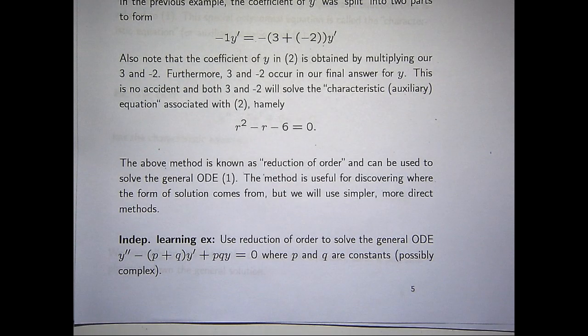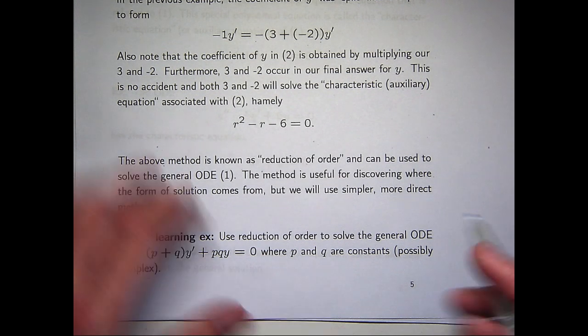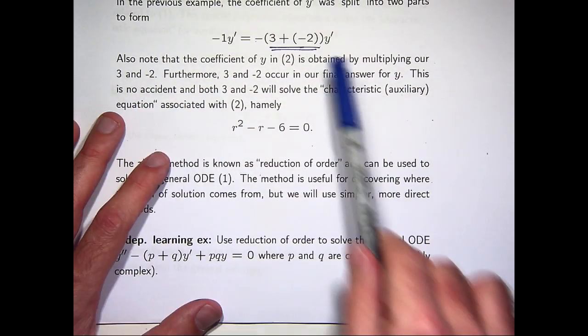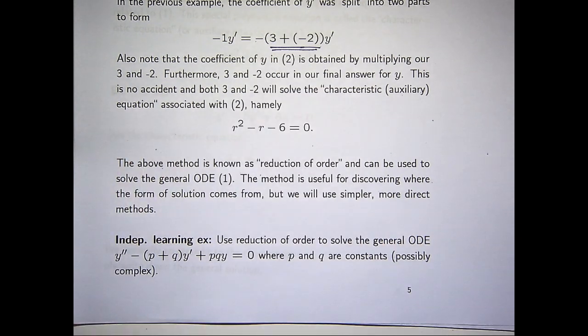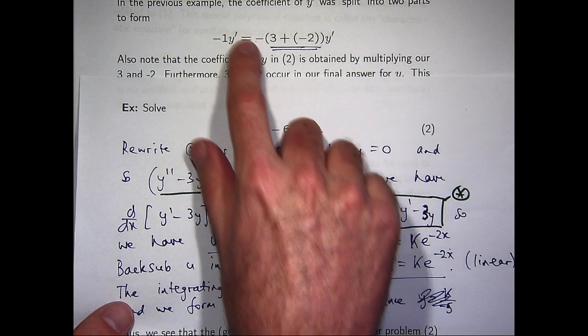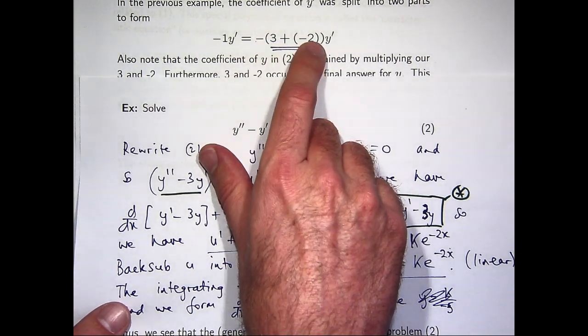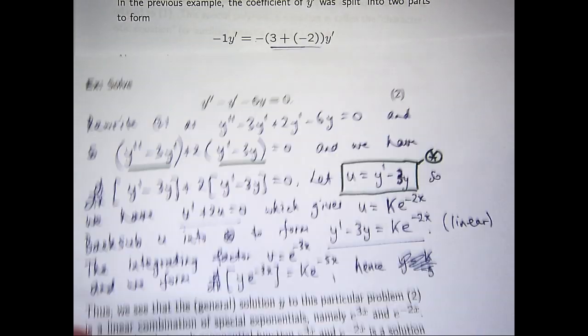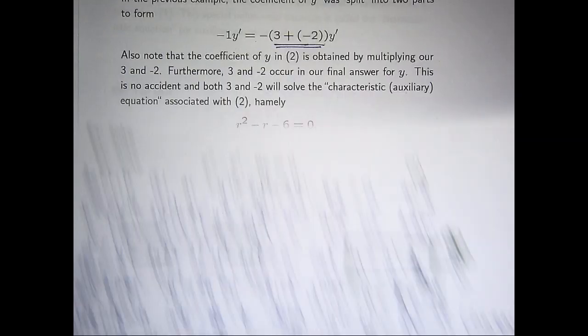How did I know to split up the thing into minus 3 and positive 2? You can see the coefficient minus 1 is basically split up into minus 3 plus 2. Now, positive 3 and negative 2 occur in our solutions.